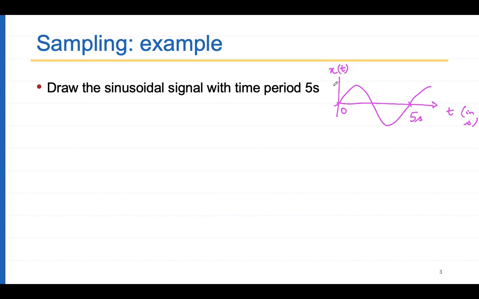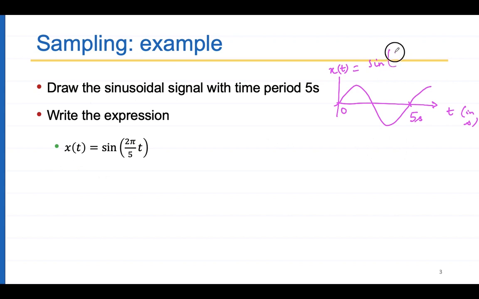It's a continuous time signal, right? Next is to write the expression for this x(t). All of you know x(t) is simply, ignoring the amplitude part, sine of 2 pi fc t. What is fc? fc is 1 upon the time period Tc, which is equal to 1 upon 5. So that's what I have written here, 1 upon 5.